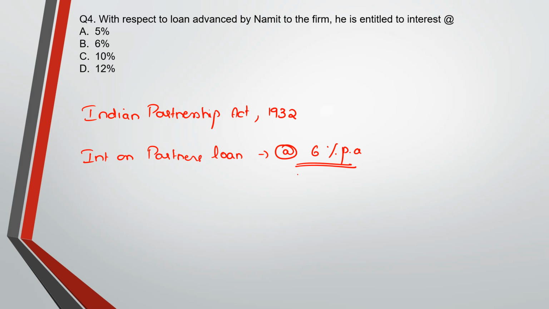So minimum 6% has to be given to the partner when he advances a loan. Therefore, the correct option here is B, 6%. So this is the option you are supposed to select. I hope this concept is clear. So this is how you have to solve the case-based questions.